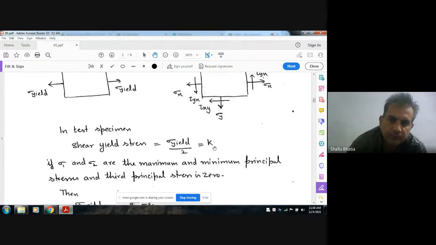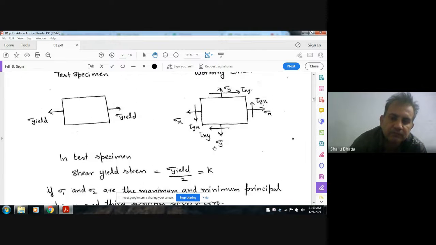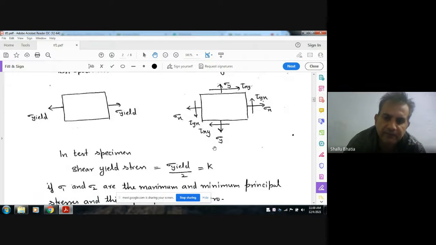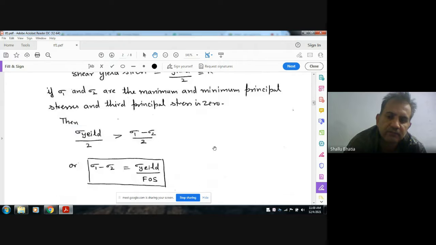Okay. We can find out sigma 1 by using the formula sigma x plus sigma y by 2 plus minus root of sigma x minus sigma y whole square plus 4 tau xy square. Okay, we can find out sigma 1 and sigma 2, and then we can find out sigma 1 minus sigma 2 by 2.